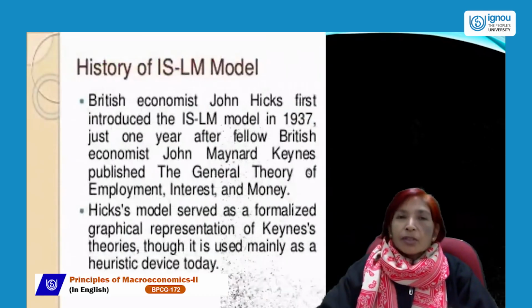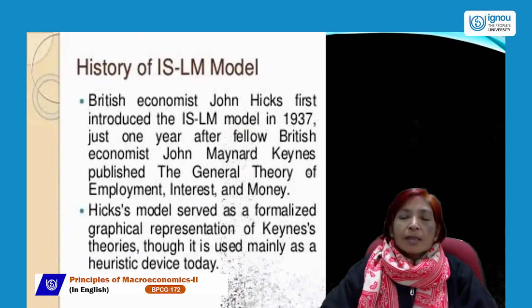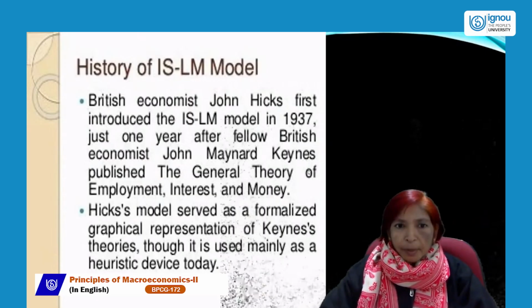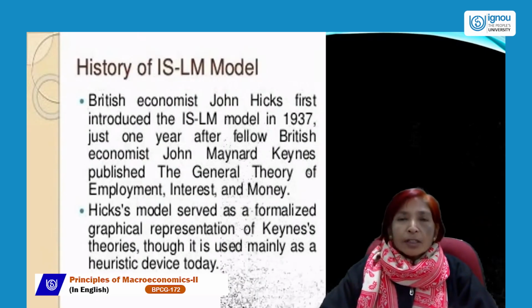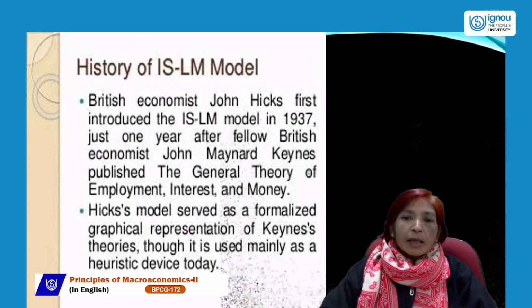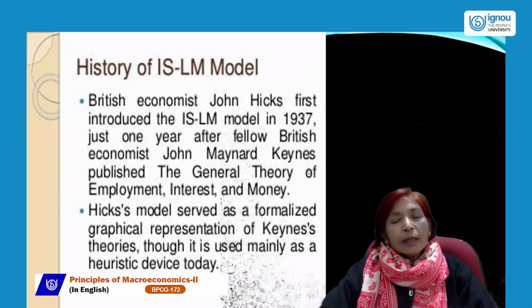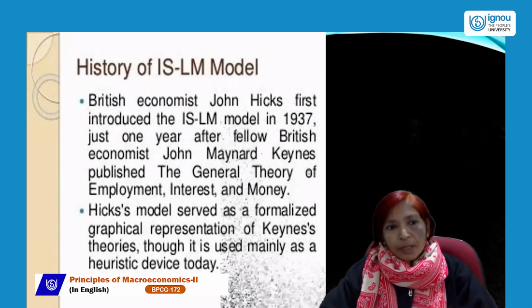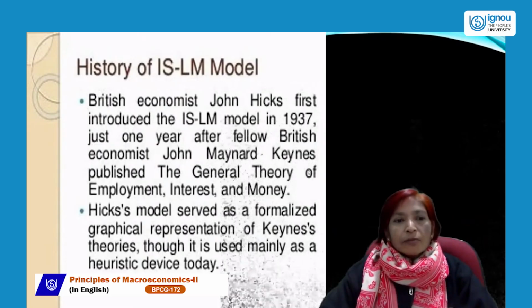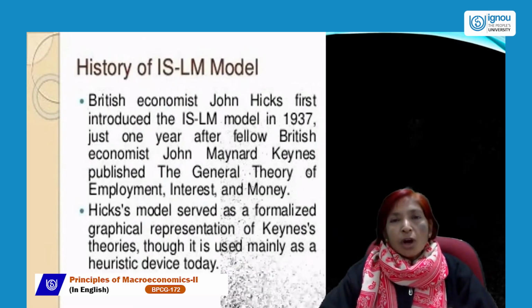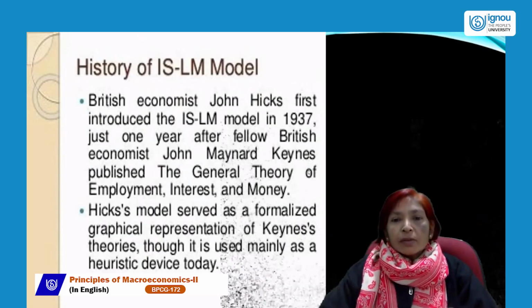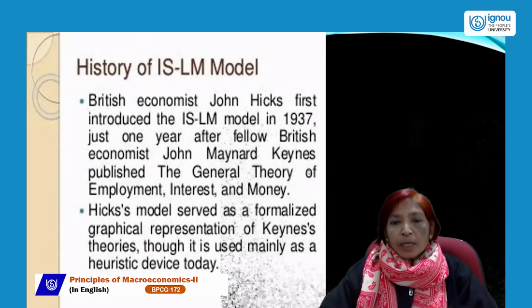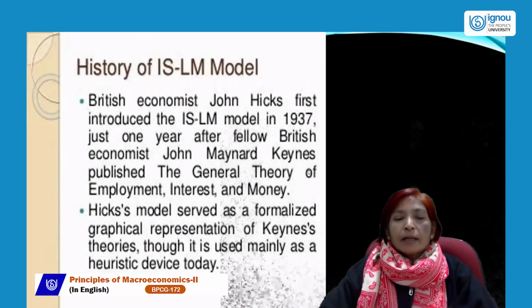Now next is the history of this IS-LM model. British economist John Hicks first introduced the IS-LM model in 1937. Just one year after, fellow British economist John Maynard Keynes published the General Theory of Employment, Interest and Money.